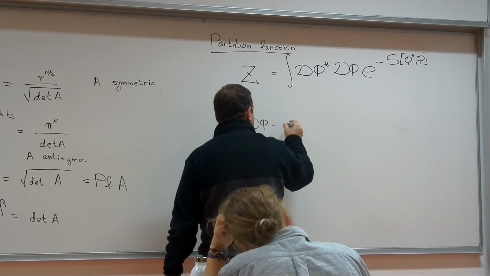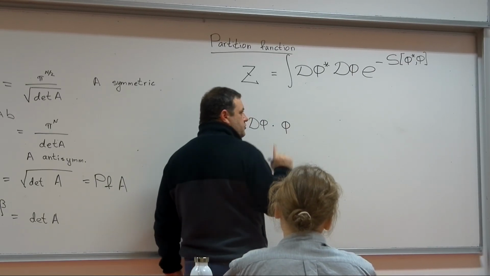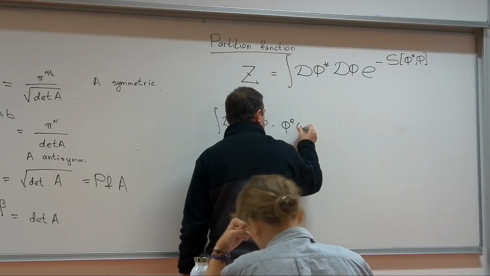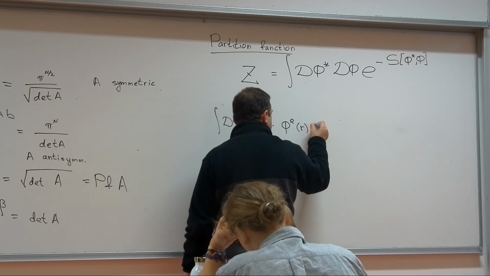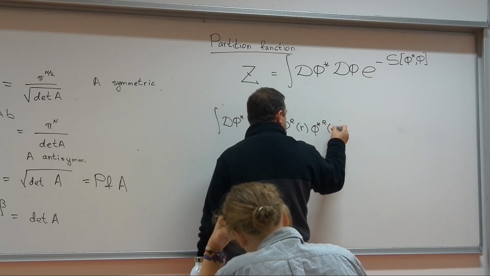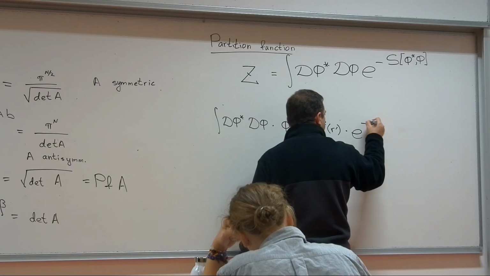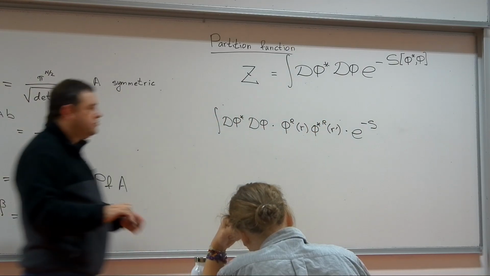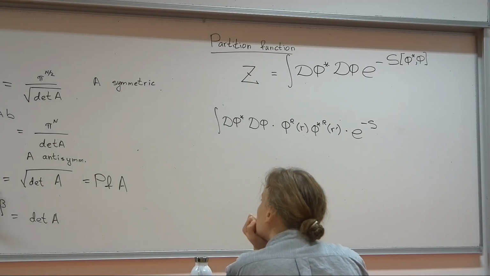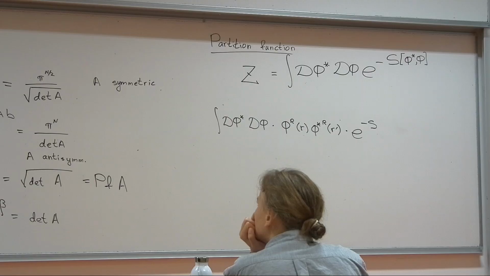So if I have this exponential of minus S, but in addition I add two fields, phi retarded taken at point r, and phi star retarded taken at point r prime. This is also a Gaussian integral, but it has not only this quadratic thing in the exponent, it has also some quadratic thing in the pre-exponent.